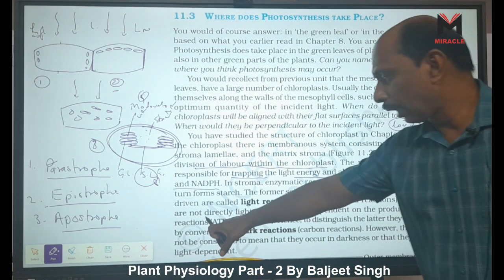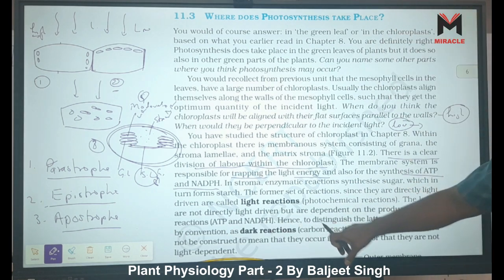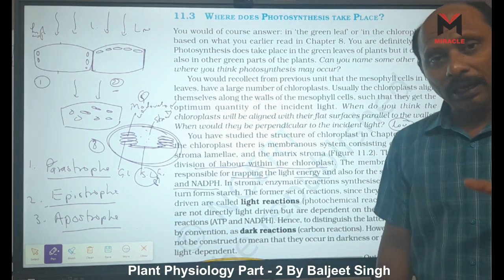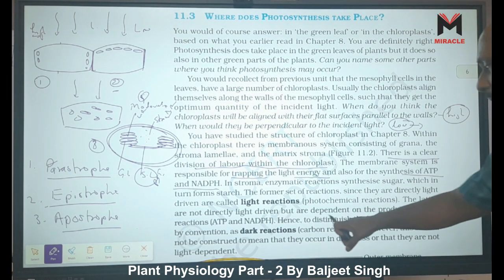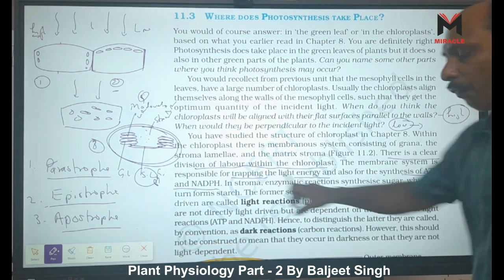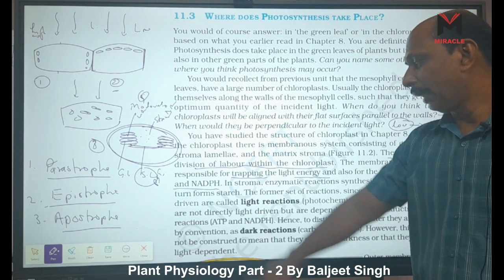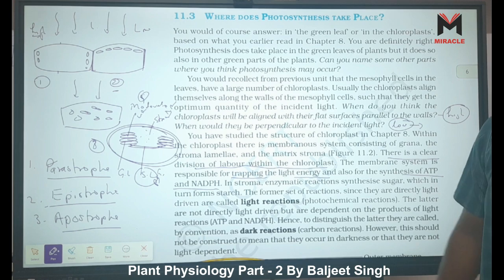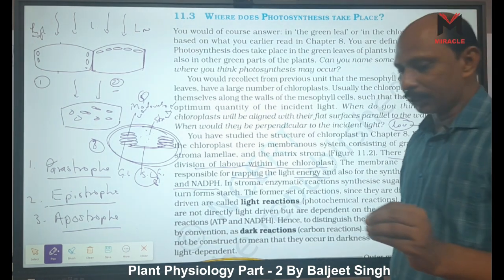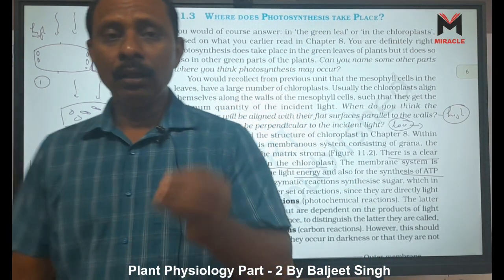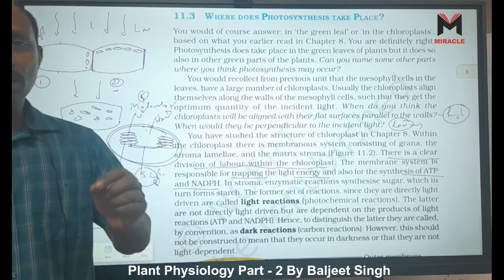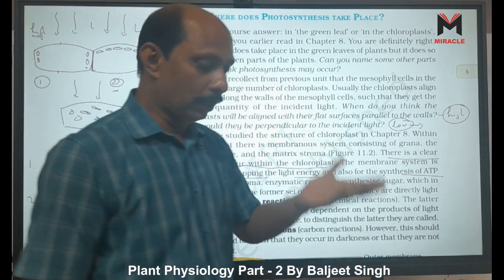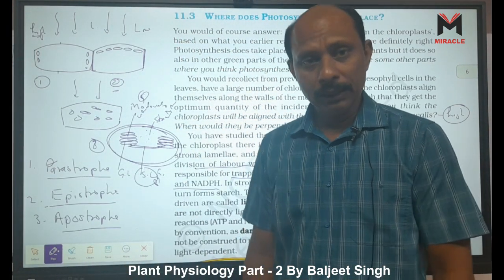The latter are not directly light driven, but are dependent on the products of the light reaction, that is ATP and NADPH. So here we consider this the dark reaction. The dark reaction is not related with dark, meaning night or the absence of sunlight.